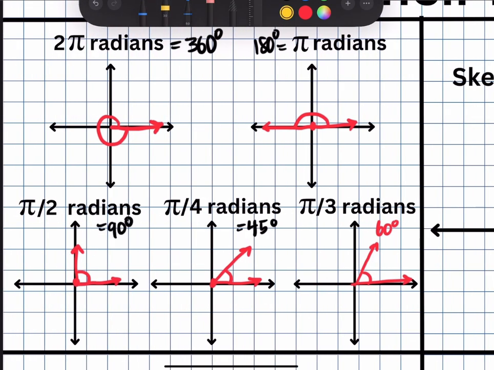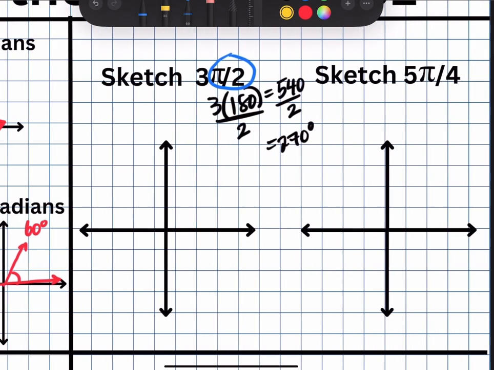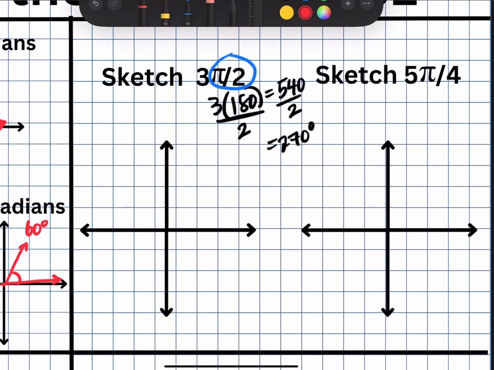Pi over 2, here it is, a quarter of a circle, right? So if I want 3 pi's over 2, I'm going to need 3/4 of a circle. So let's graph 3/4 of a circle, okay? Here's 1/4 of a circle, 2/4 of a circle, 3/4 of a circle. So here is 3 pi over 2, okay?